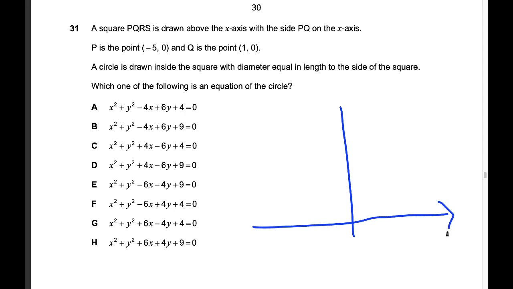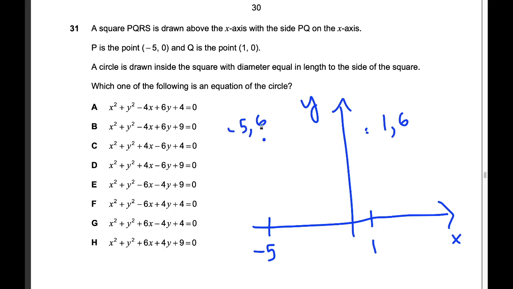So this will be our x-axis. Let's make this our y-axis. And we've got one point which is at -5. We've got another point that's at 1. So the length of the side of our square is 6. So we're going to have another point up here which is (1, 6). We're going to have another point over here which is (-5, 6).